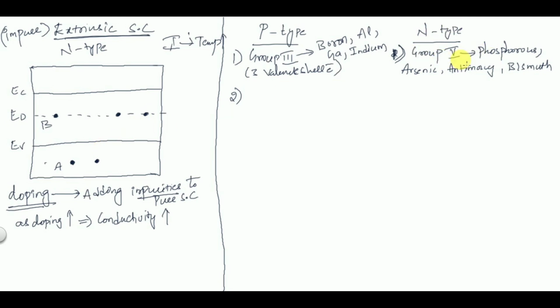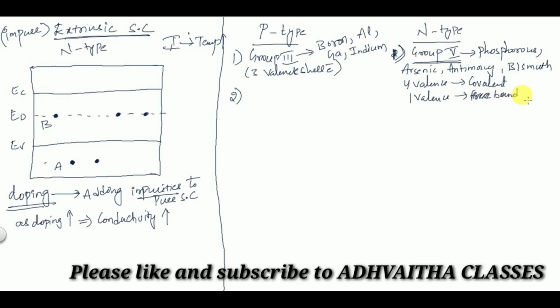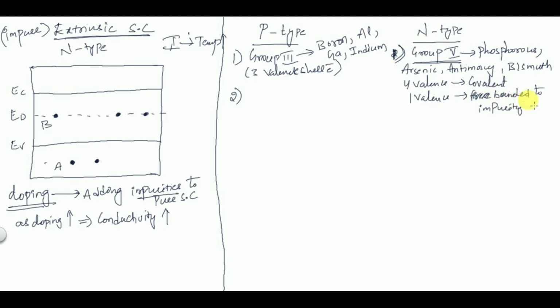When you add group 5 elements, they have 5 valence electrons. 4 valence electrons are involved in covalent bonding with the 4 adjacent atoms of the semiconductor. 1 valence electron is not involved in covalent bonding, but it is still bound to the impurity atom.